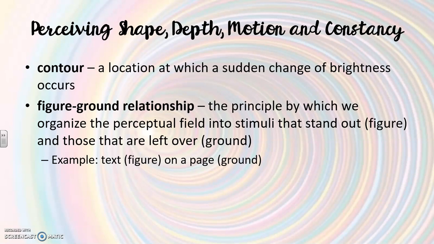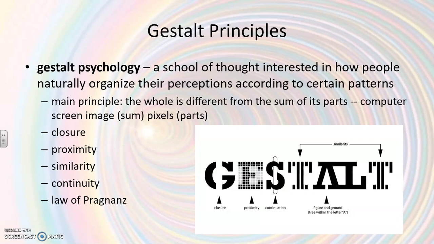And with these, we also have our Gestalt principles. And with those Gestalt principles is Gestalt psychology, which is the school of thought interested in how people naturally organize their perceptions according to certain patterns.